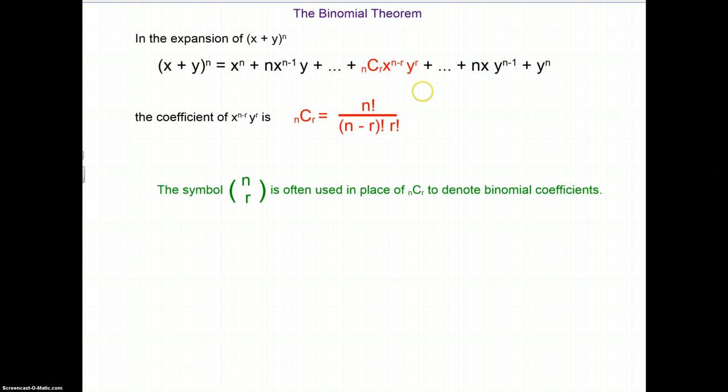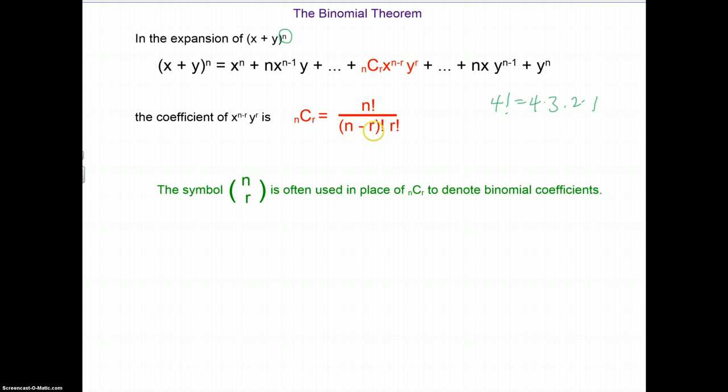So we're going to introduce one way of calculating the coefficients, and it's using this combinations formula. Remember that factorial means, for example, 4 factorial is 4 times 3 times 2 times 1. And n is the power of your expansion. There it is.